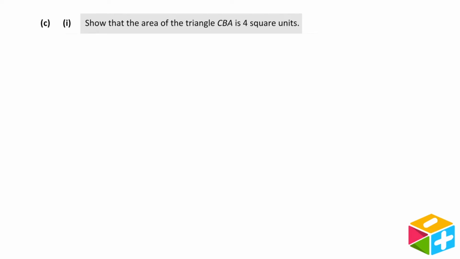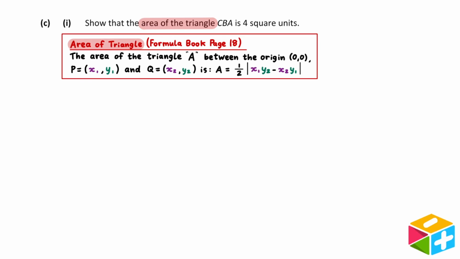Part C, I. Show that the area of the triangle CBA is 4 square units. This question concerns the area of a triangle in the context of coordinate geometry. There's a formula on page 18 of the formula book which will help us here.